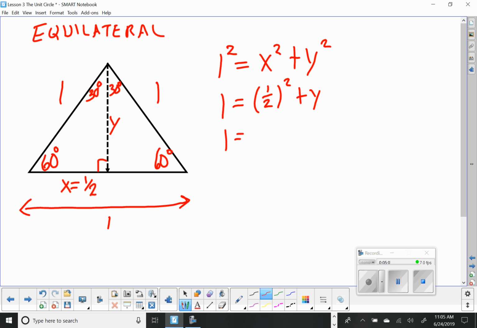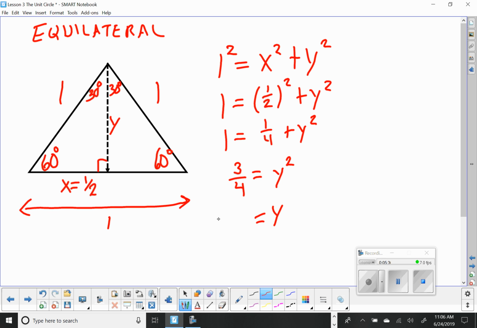So 1 is equal to 1/4 plus y squared. Subtract 1/4 from both sides, and I get 3/4 is equal to y squared. To figure out what y is, I have to take the square root of both sides. And since I'm trying to find this height, it's going to be positive.